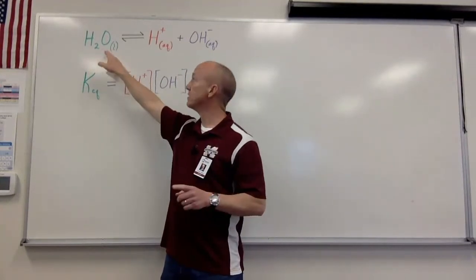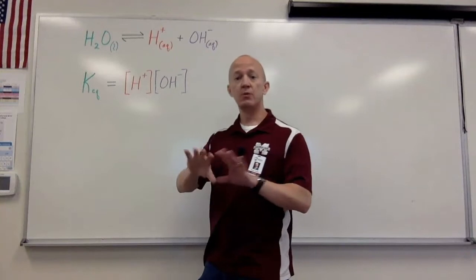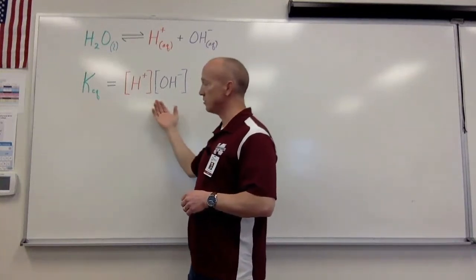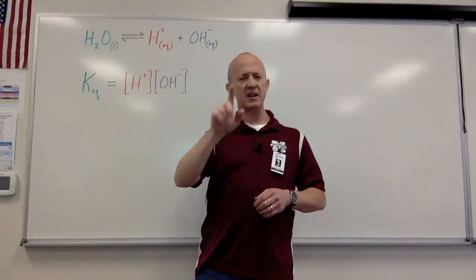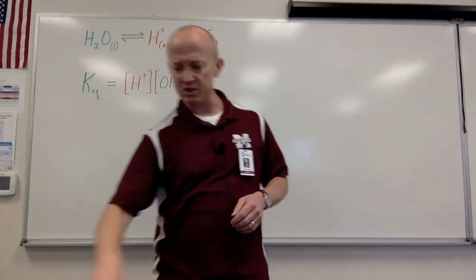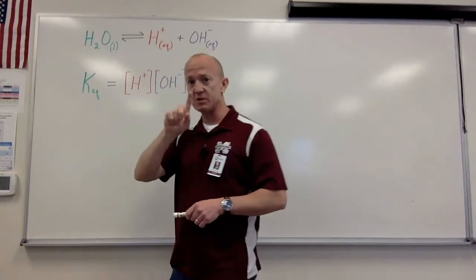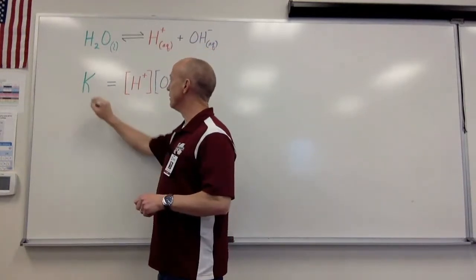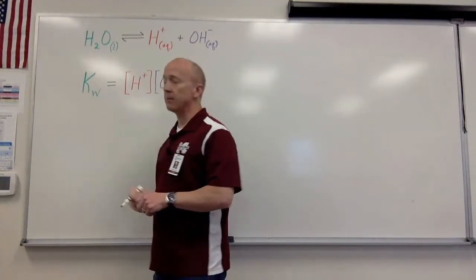But again, since water is a pure substance, we don't include it in our expression. So therefore, our KEQ is equal to this. Because it's water, we have a special way that we describe this particular equilibrium constant. We call it the KW.